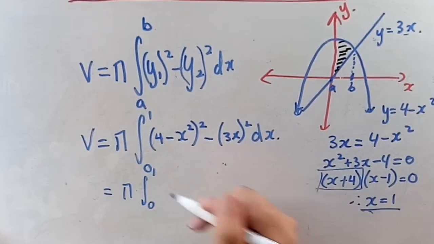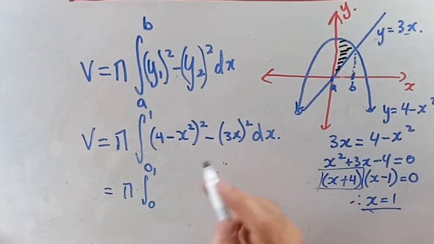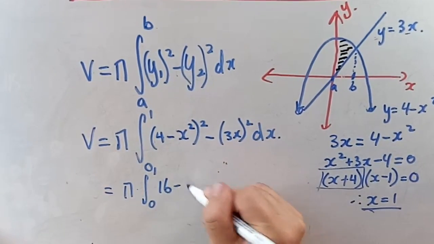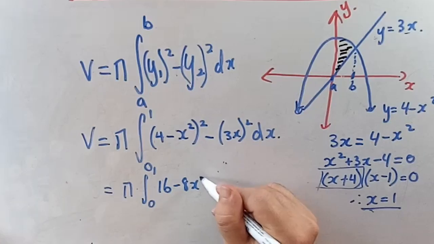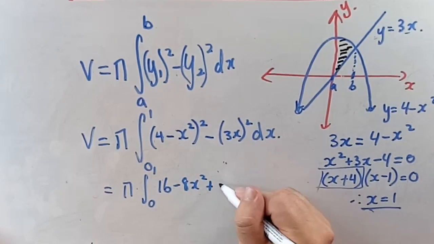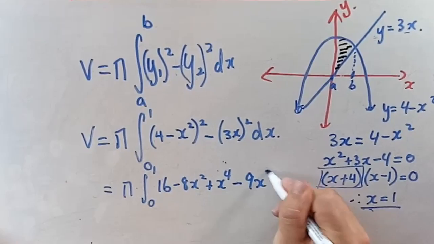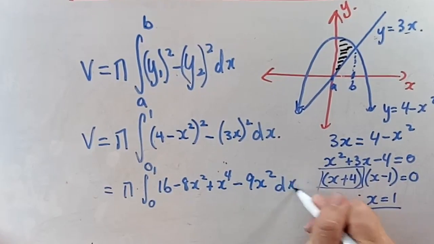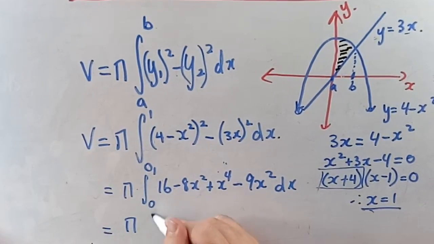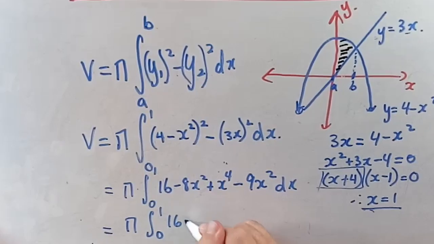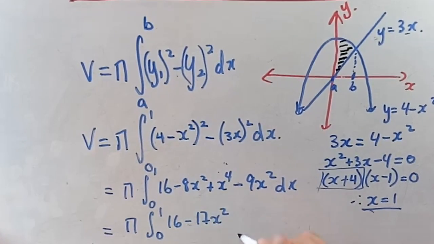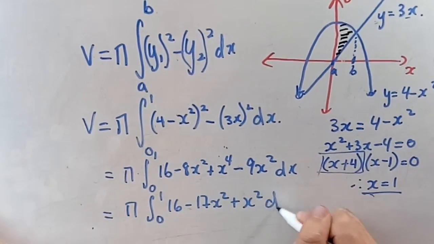So let's expand the brackets out. What do I get? 16 minus 8x squared plus x to the 4 minus 9x squared dx. Okay, I can add some like terms there. 16 minus 17x squared plus x to the 4 dx.